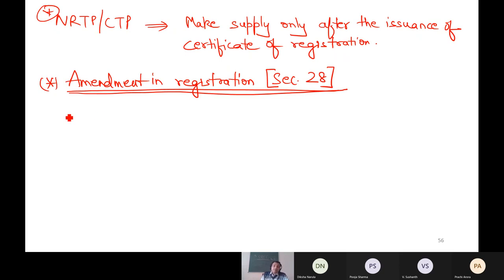But department says inform the department. Inform us if you want to make a change.